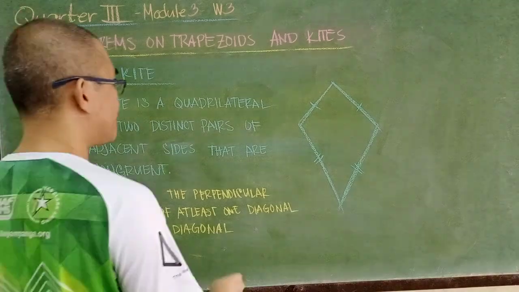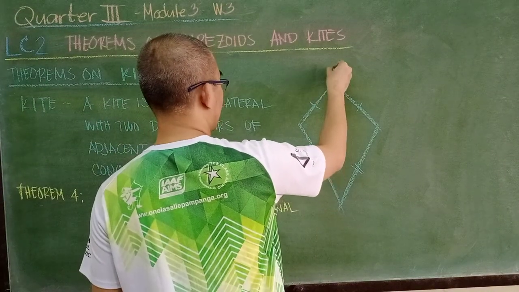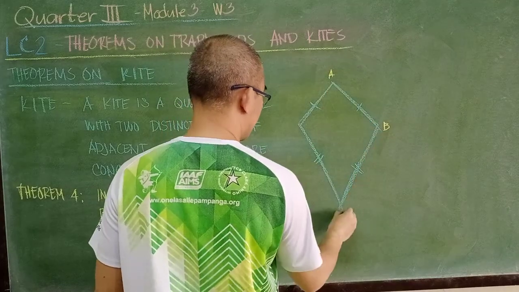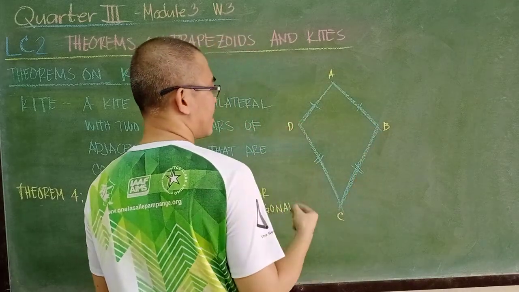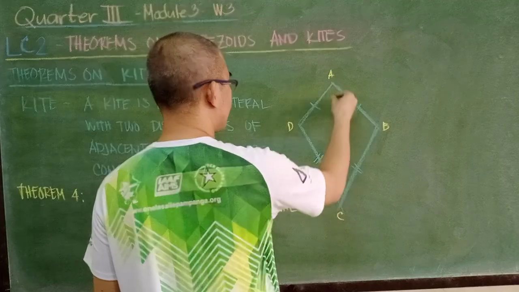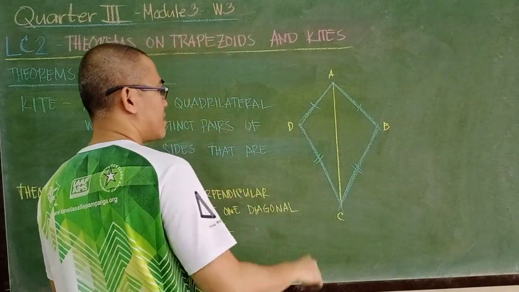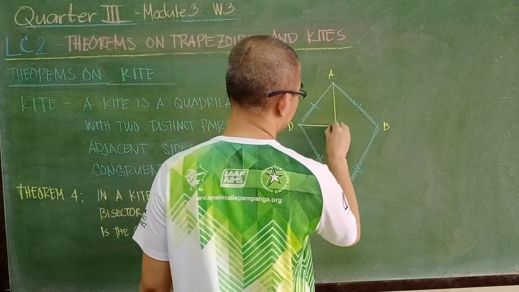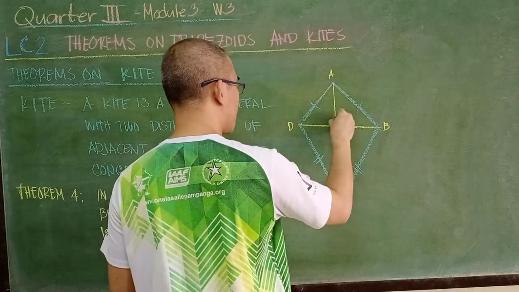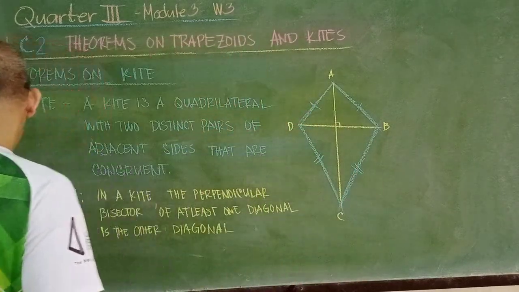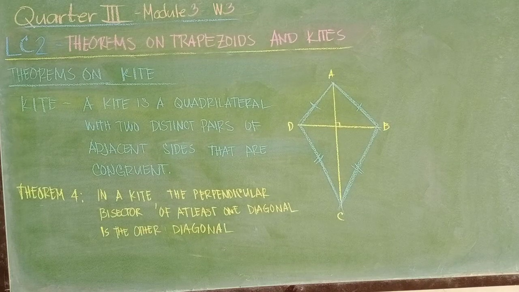So, halimbawa, let's call this A, B, C, and then D. And then, gagawa tayo ng diagonal AC. Diagonal AC. And then, diagonal DB. So, ito yung perpendicular diagonals natin, o perpendicular line. So, kasi bubuo sila ng 90 degrees.